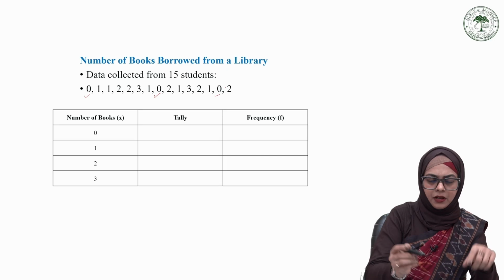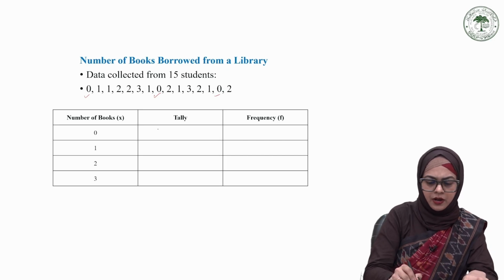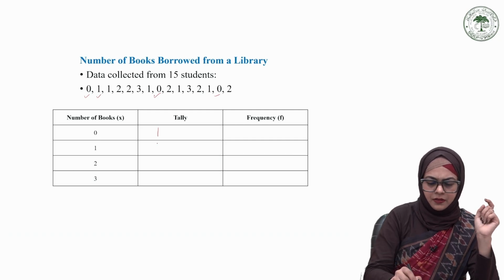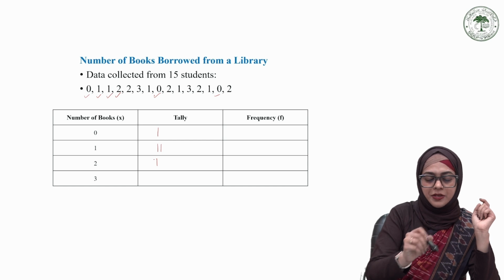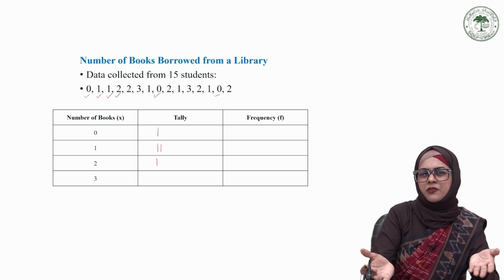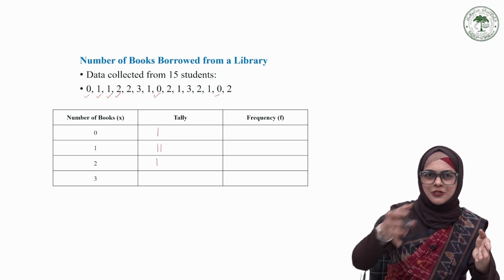You can count like that, but if you go in the sequence, 0 is 1, right? Then 1, this one would be placed here. One observation, another one observation, 2, so that you follow the sequence and don't miss out any observation. Here we just have 15, so I counted 0, 0, 0 very easily.